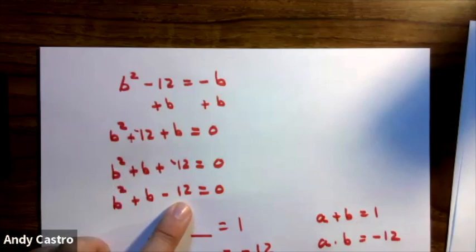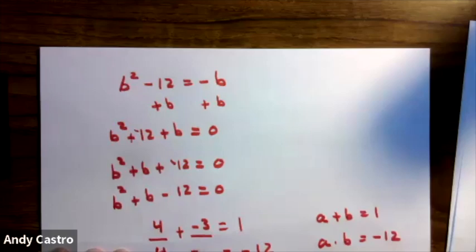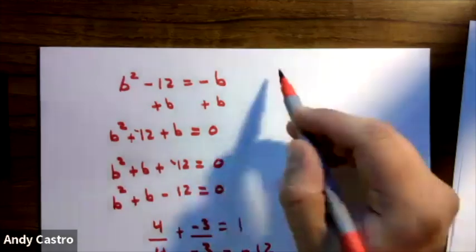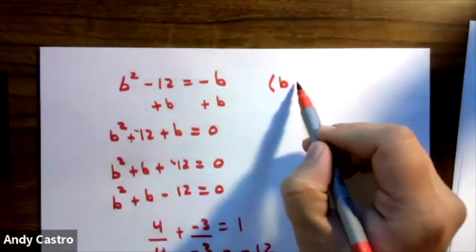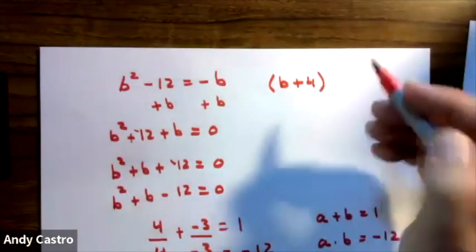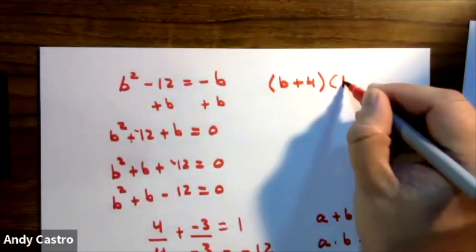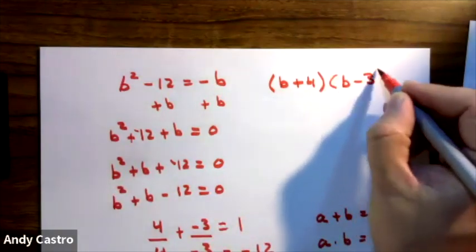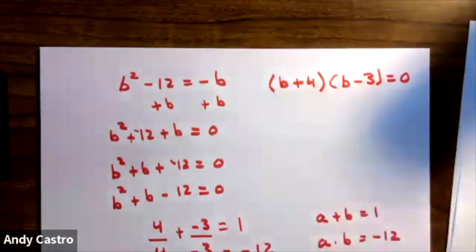I think those are a difference of 1, so I think I'm onto something there. So if I have a positive 4 and a negative 3, that would give me a positive 1. And it would also give me, if I multiply them, a negative 12. So I'll have b plus 4 times b minus 3. And that is equal to 0.